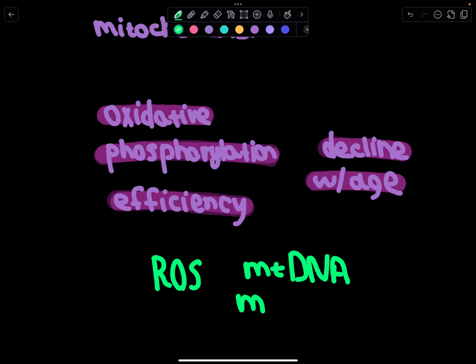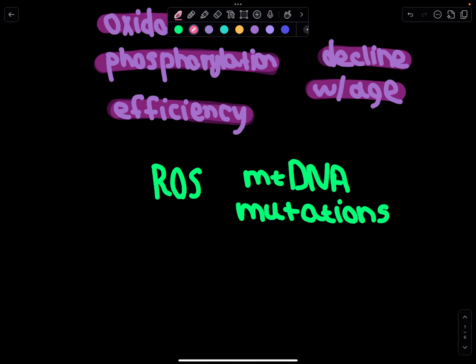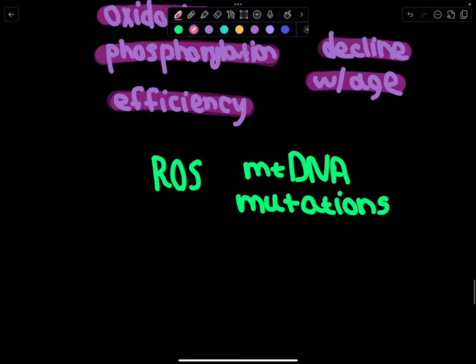These mutations disrupt ETC proteins and tRNAs, reducing oxidative phosphorylation efficiency and ATP production. This oxidative damage is a key factor in aging and mitochondrial diseases in high-energy tissues like the brain and muscles. Want to focus on specific mutations or their effects?